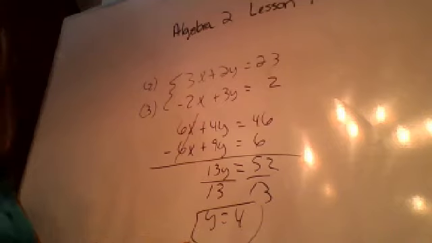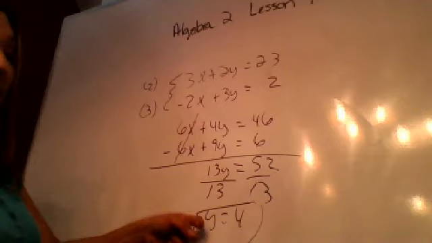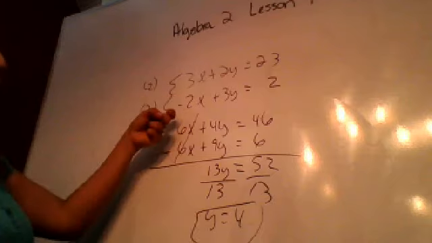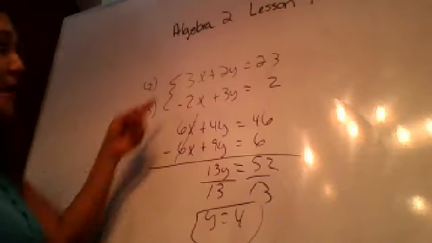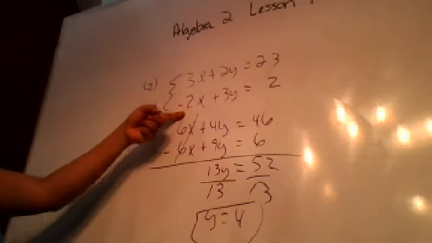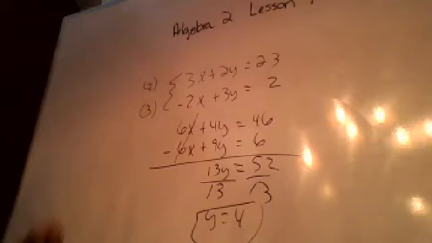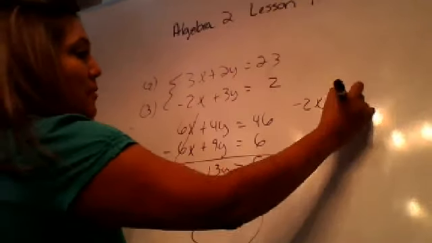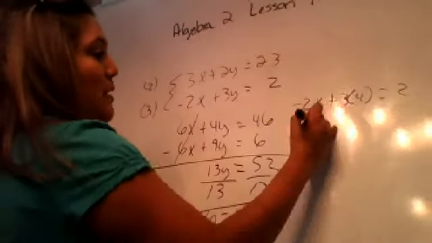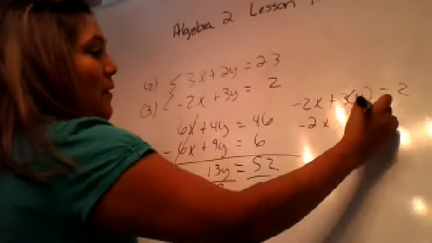Alright, so now to get x, we substitute 4 into either one of these equations. This one has a negative, and I don't like to work with negatives, but you can, it doesn't matter. I'm going to put it in the first one. Or actually, let's go ahead and put it in the second one. So basically, I'm going to say negative 2x plus 3 times 4 equals 2. Negative 2x plus 12 equals 2.